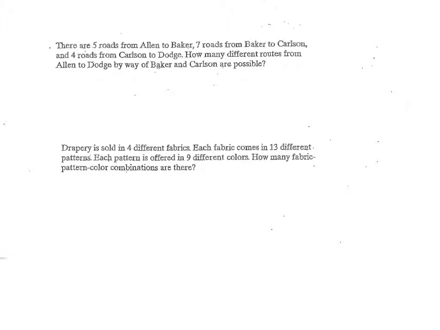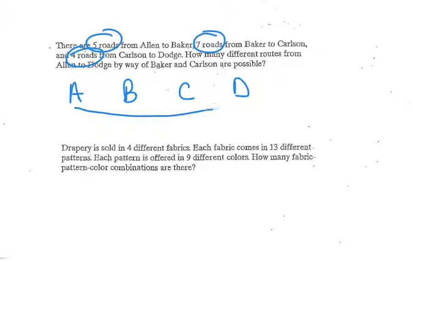This first one says there are 5 roads from Allen to Baker, 7 roads from Baker to Carlson, and 4 roads from Carlson to Dodge. So we're going from Allen to Baker to Carlson to Dodge. How many different routes from Allen to Dodge by way of Baker and Carlson are possible? Basically, how do you get from Allen to Dodge going through each of these 2 other cities?